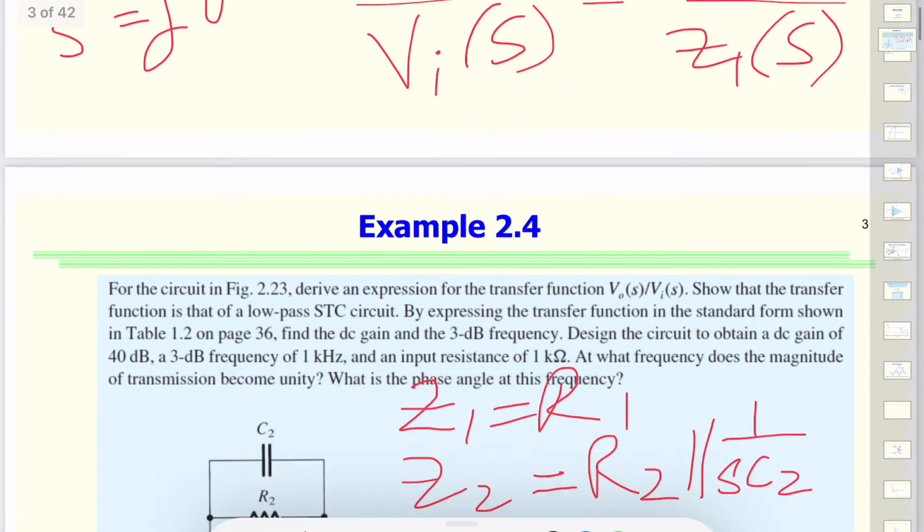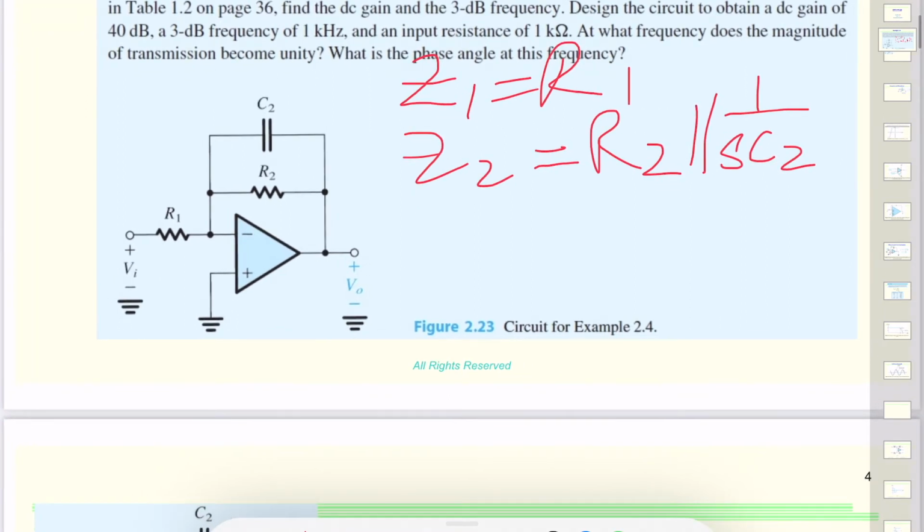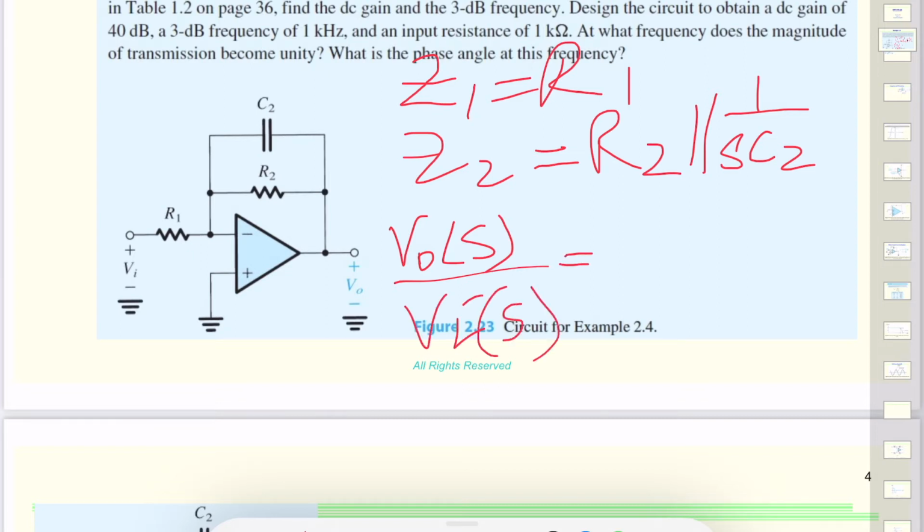For all practical purposes, when we replace Z2 and Z1 in this relationship, we get a relation which has dependence on not just resistances, but the gain is also now dependent on capacitance. So this would become minus 1 over R1 plus R2 plus SC2 R1.